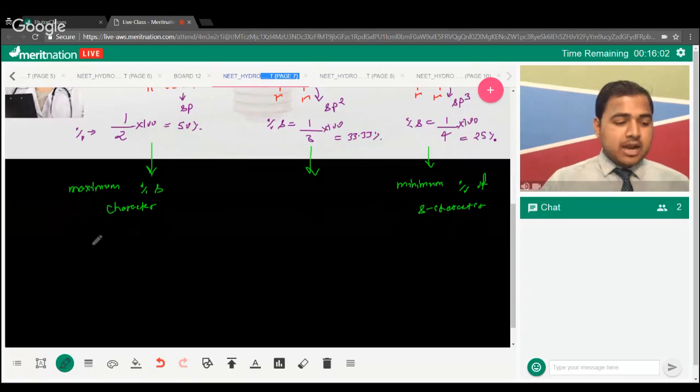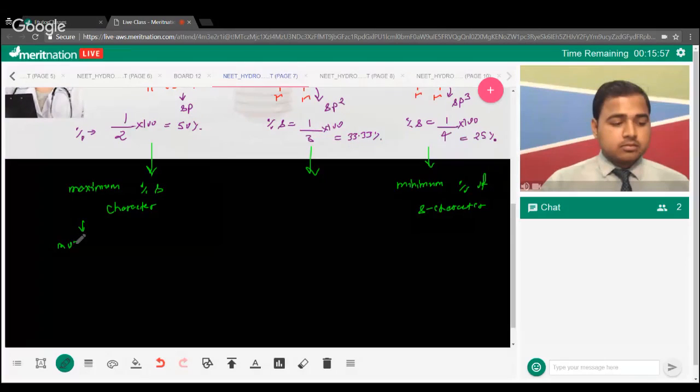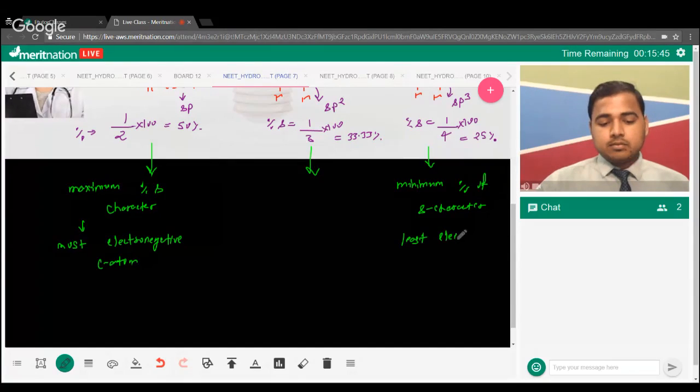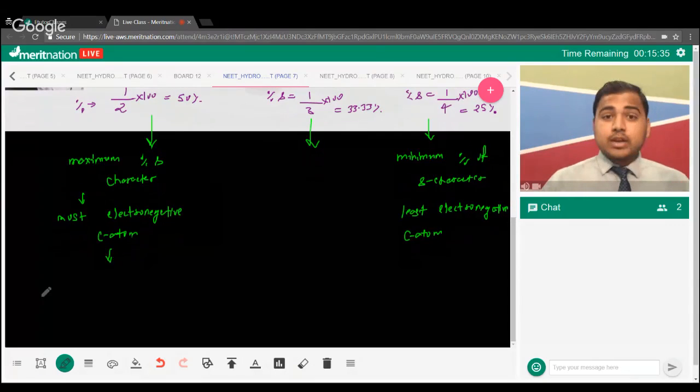If it has the maximum percentage of S character, it is the most electronegative carbon atom, and in this one the least electronegative carbon atom. If it is the most electronegative carbon atom, it means most acidic, and this will be the least acidic.